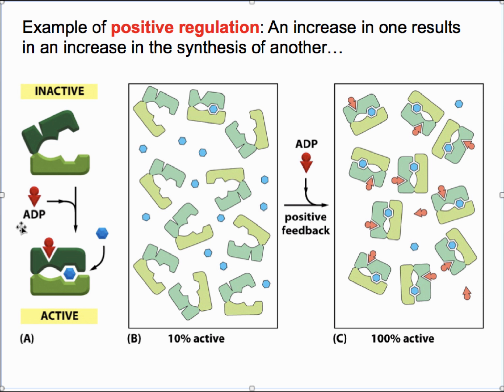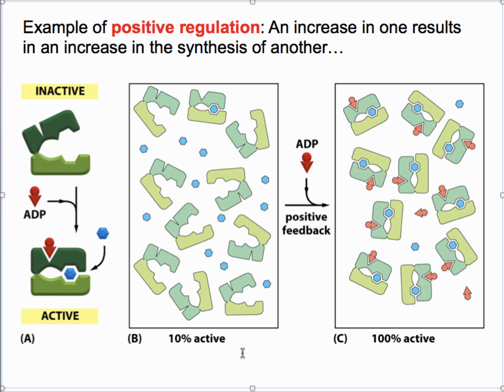What is shown is the red molecule, which is ADP, adenosine diphosphate. Moving our attention to panel B, imagine that in a particular cell, the proportion of these enzyme proteins which are active is around 10%.